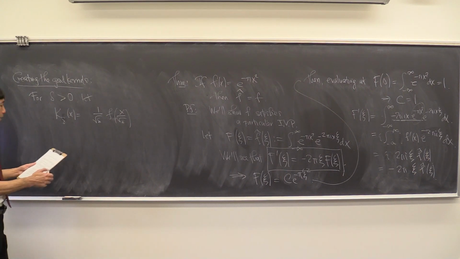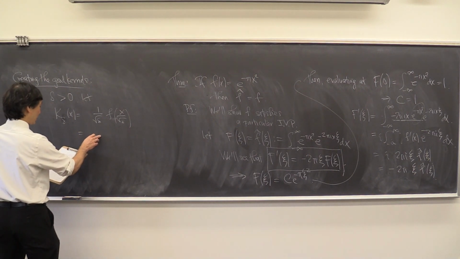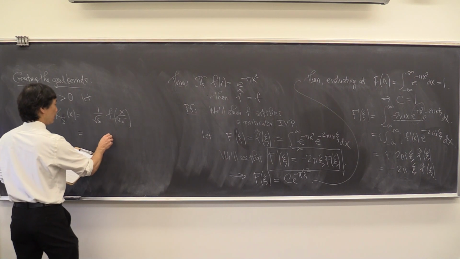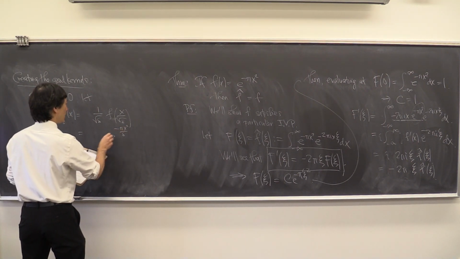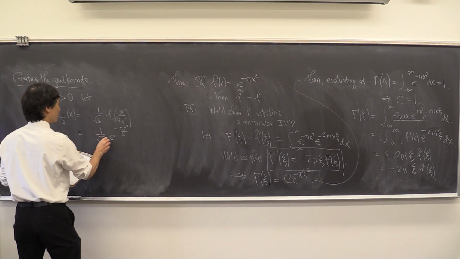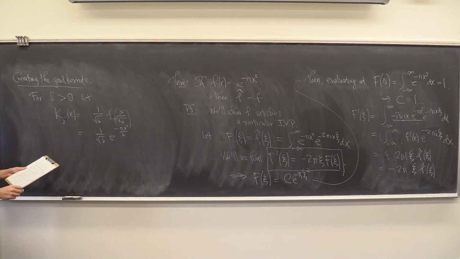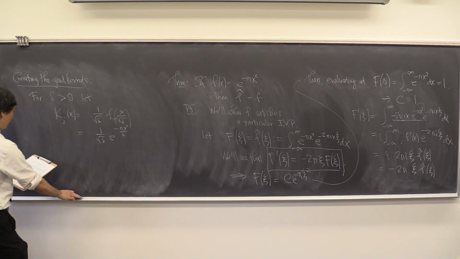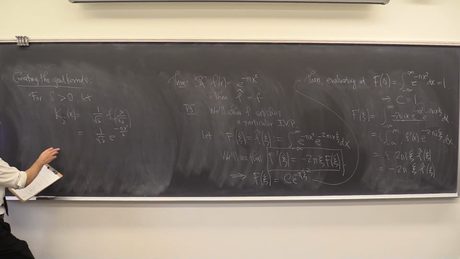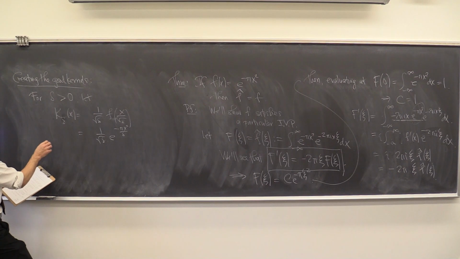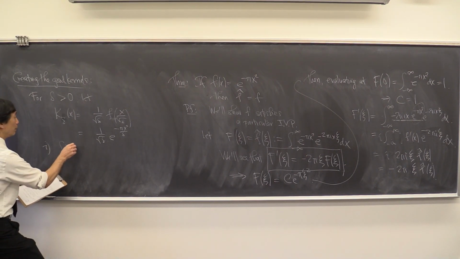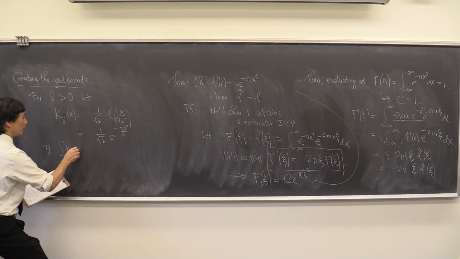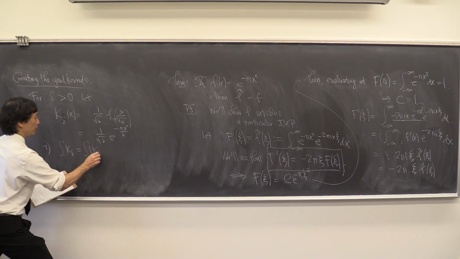So this is e to the negative pi x squared over delta, times 1 over delta. We also know that the integral of this, which is the same as the integral of its absolute value since it's positive, is 1.